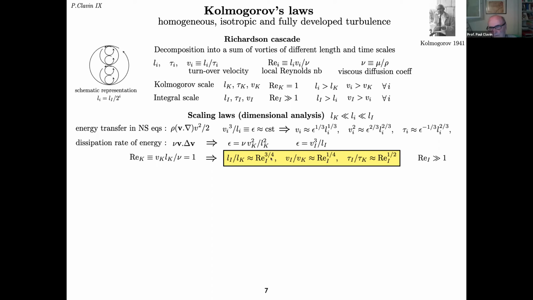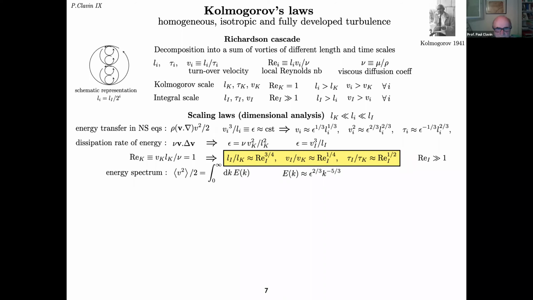What you should keep in mind is that the velocity increases like the Reynolds number to the 1/4 and so on. So this is what is called the Kolmogorov scaling law, exactly.